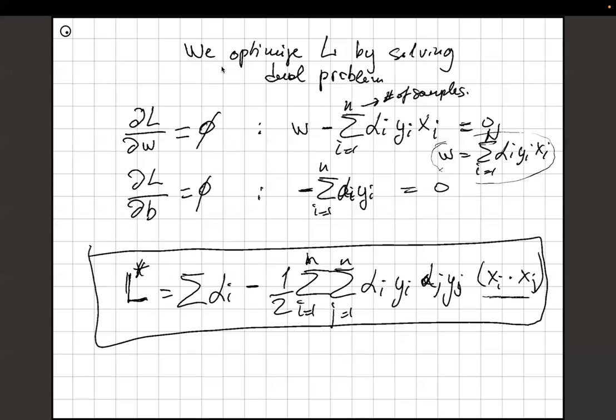And here we have also a dot product between pairs of samples. So at this point, I want to ask a question to you. What is the bottleneck of this method? I mean, as we see now.